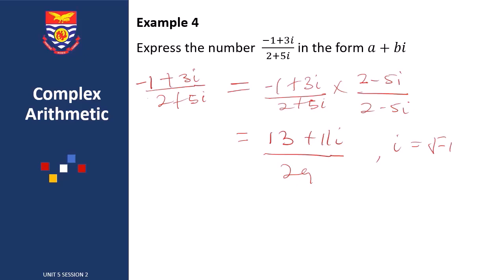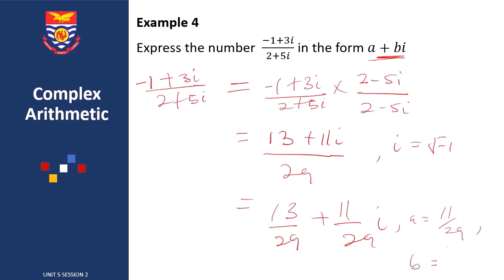From here, you can write it in the form a plus bi: 13 on 29 plus 11 on 29 i, and that answers that. Let's look at the next example. Don't forget that a equals 13 on 29 and b equals 11 on 29.